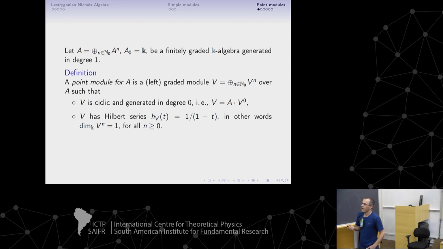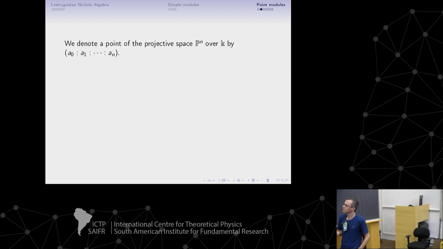And V has Hilbert series 1 divided by 1 minus T. In other words, every component has dimension 1. More notation, a point of the projective space is denoted by A0, A1, up to AN.